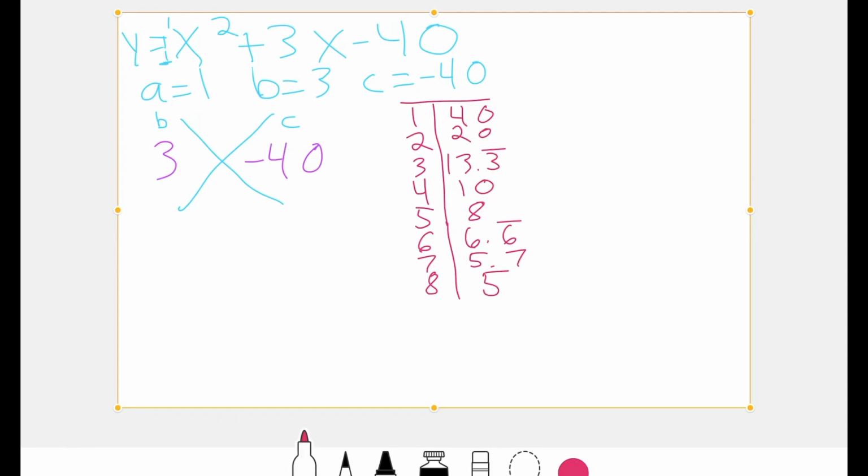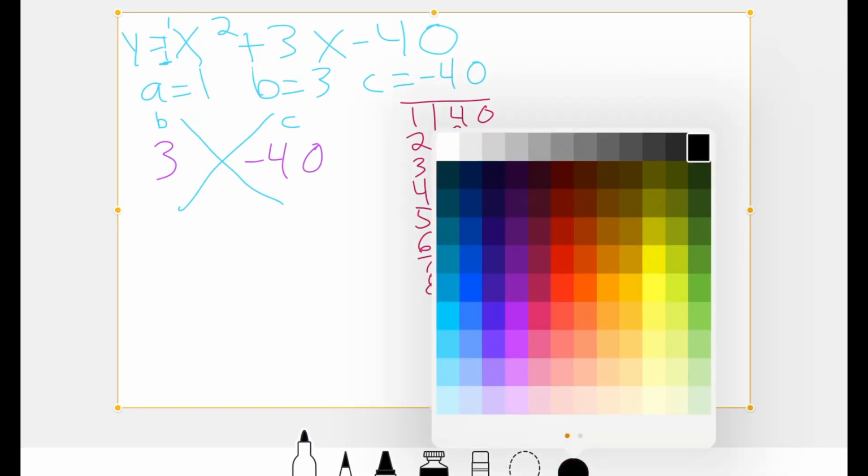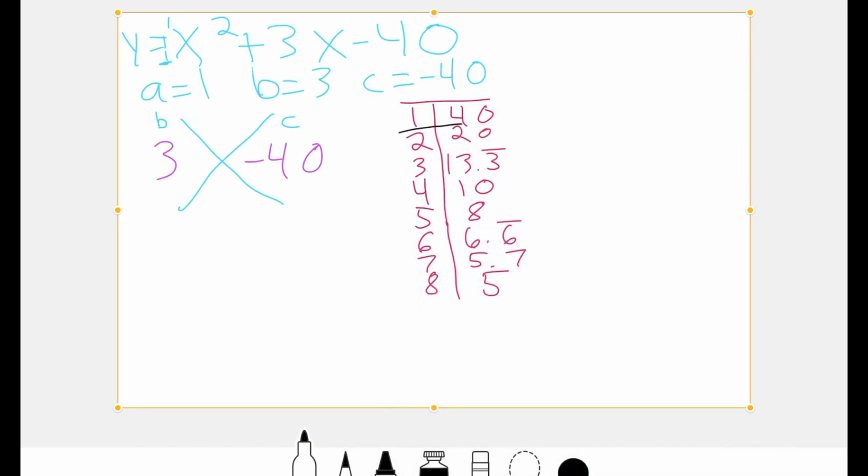Alright, so I'm going to go through these and figure out which ones I can mark out. Again, I'm looking for 2 numbers that add or subtract to get me 3, or B. So with 1 and 40, can I add or subtract those 2 numbers to get to 3? No. Can I add or subtract 2 and 20 to get to 3?